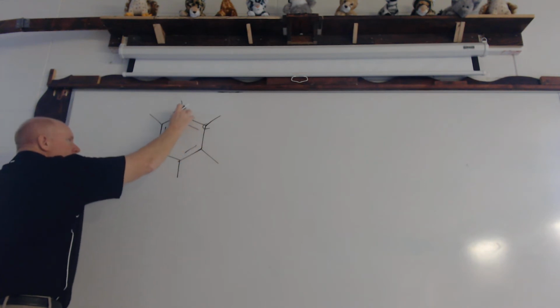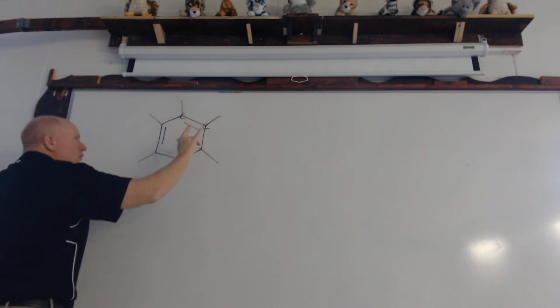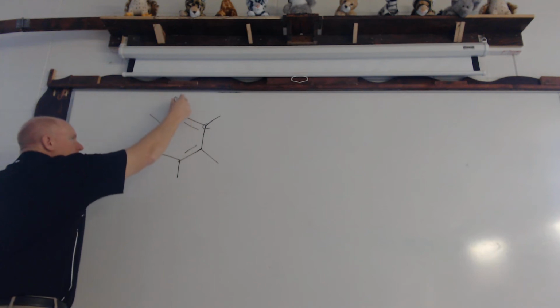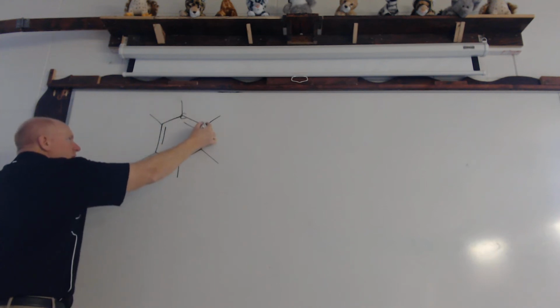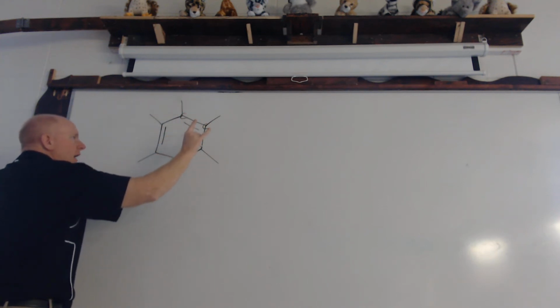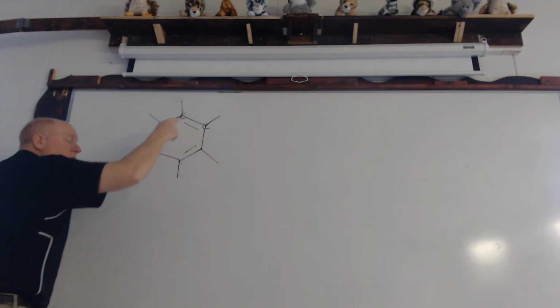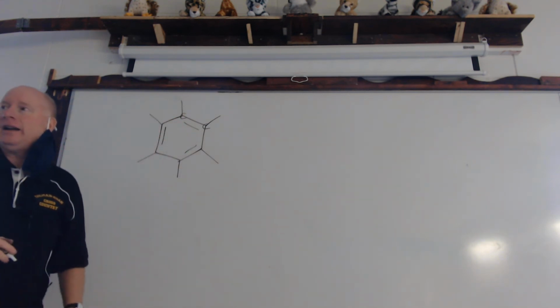So if we call this number 1, 1 is double bonded to number 2. There's 2 bonds. And then we've got 3 here and 4 there. Carbon 2 is double bonded to carbon 1. There's 2 bonds. It's got a single bond to carbon 3, and then another hydrogen on here and makes 4. And that's why it's alternating on the inside.